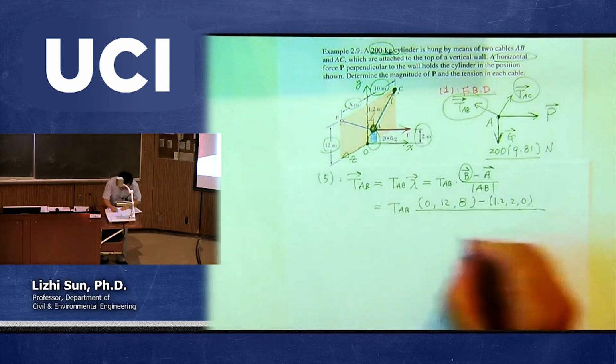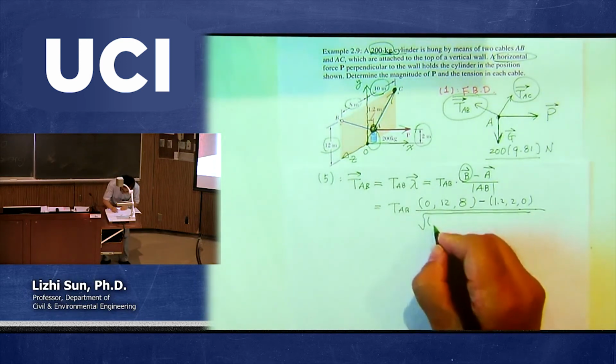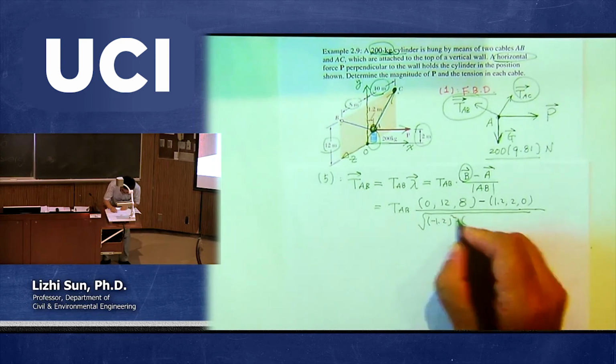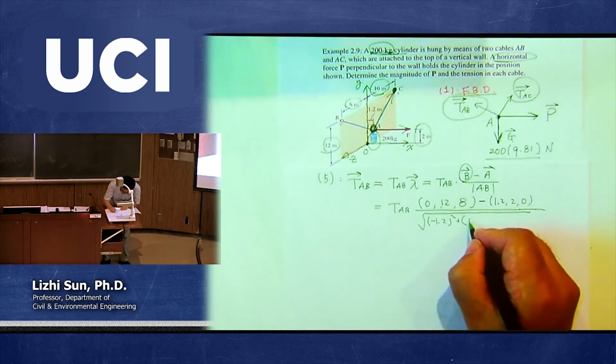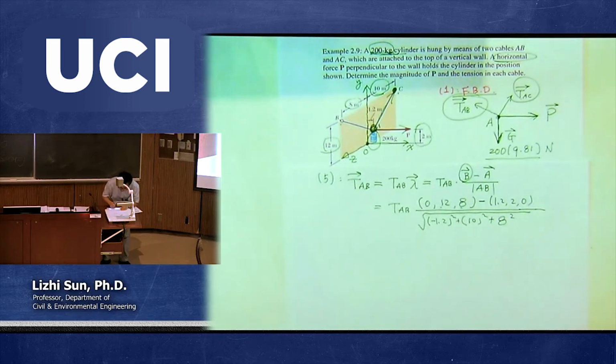And then divided by the norm, the distance. The distance is 0 minus 1.2, that's negative 1.2 squared, plus 12 minus 2, that's 10 squared, plus 8 minus 0, that's 8 squared.